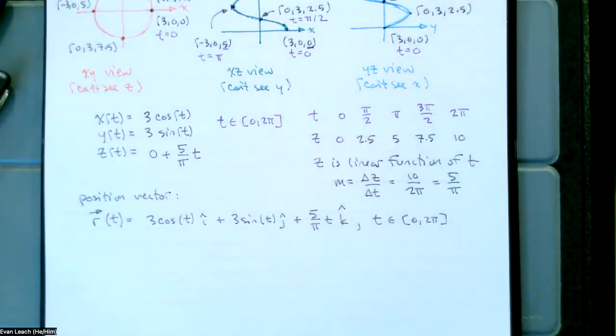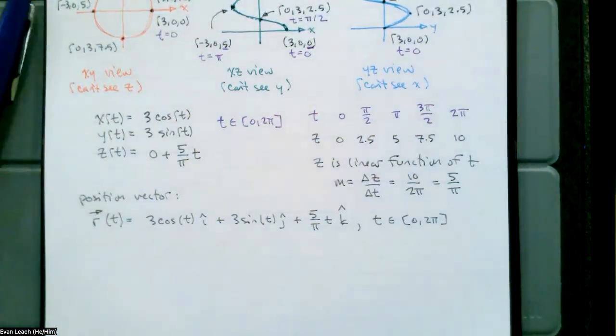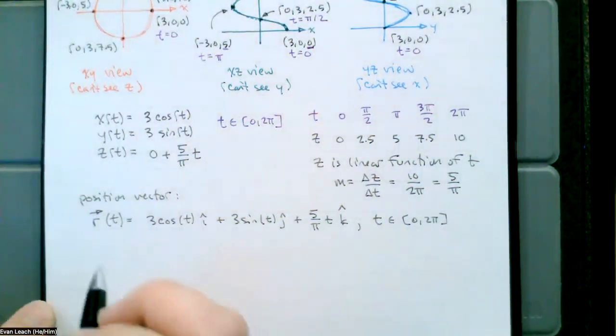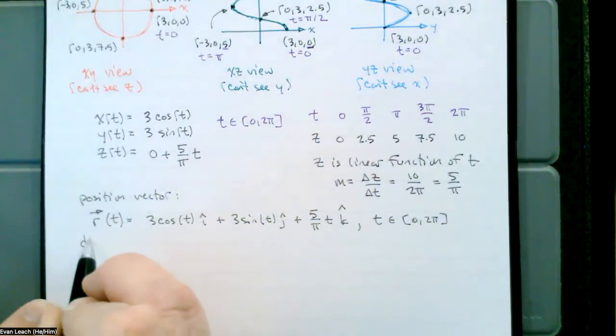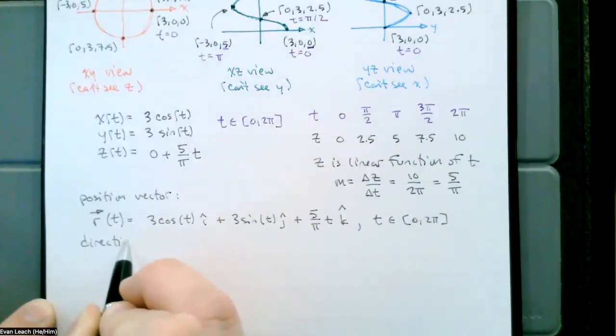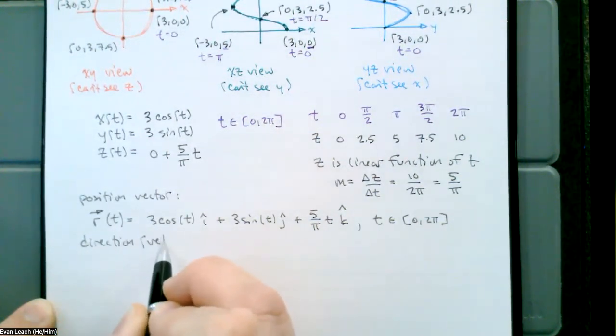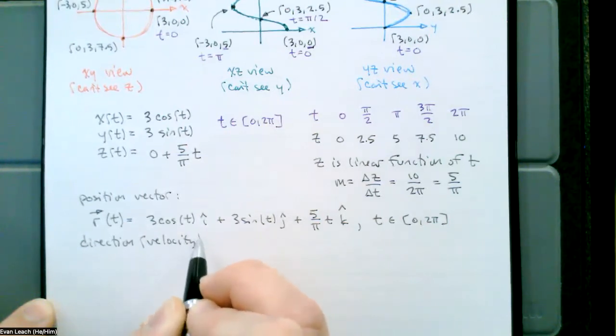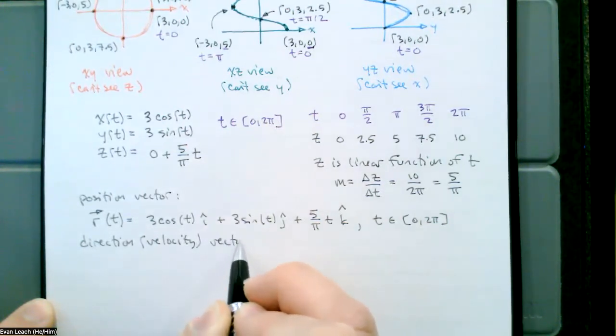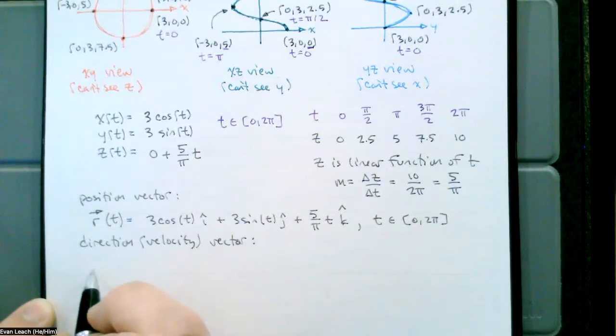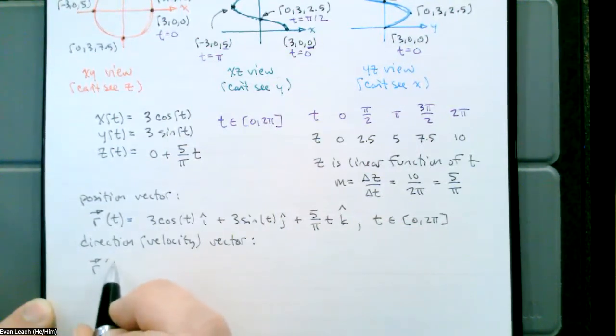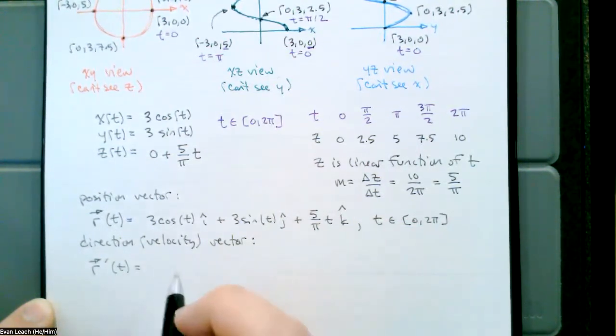And for that, since we're talking about direction, and I've got a position function, I want to look at the derivative for my direction. So the derivative of 3 cosine t is negative 3 sine t.